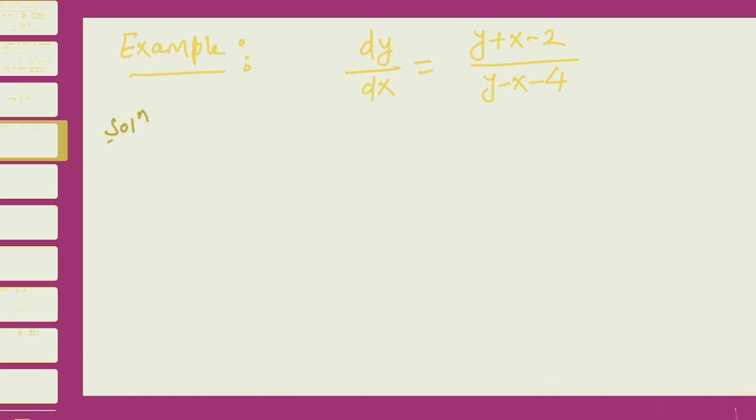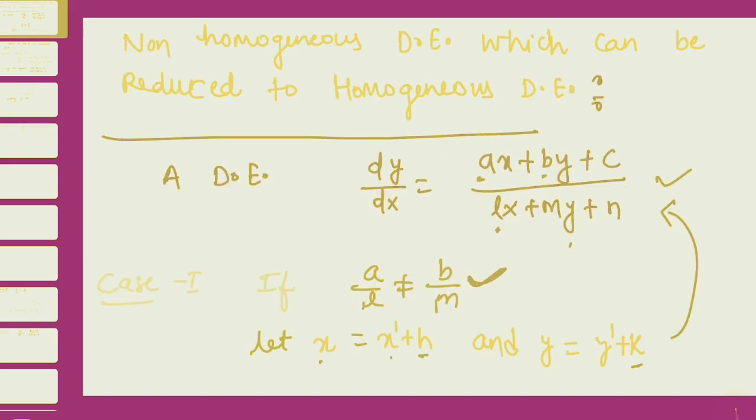Solution. First of all, our condition was that a/l does not equal b/m. The value of a, the coefficient of x, is 1, divided by the coefficient of x in the denominator, which is minus 1, and the coefficient of y is 1 and the coefficient of y is 1, which are not equal, so it satisfies our first case, a/l does not equal b/m.